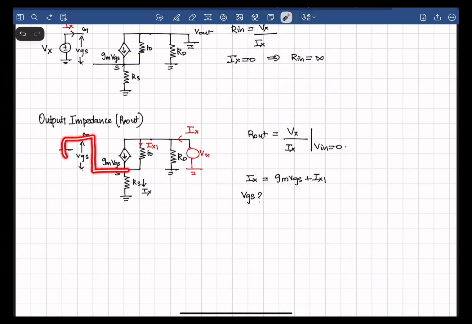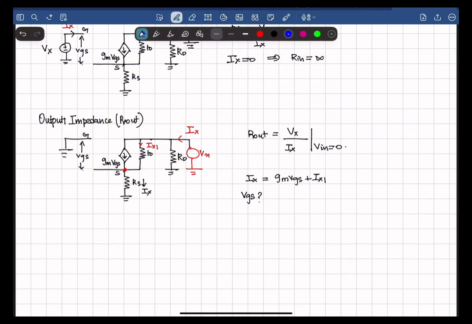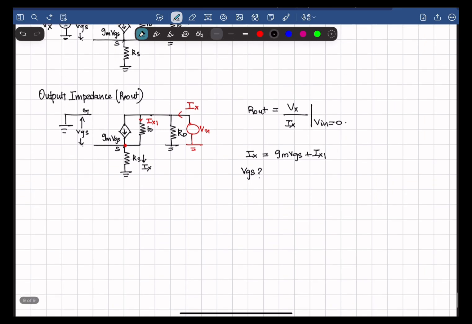When I do that, VG is 0 plus VGS plus Ix into Rs is equal to 0, which implies VGS is equal to minus Ix into Rs. Because we already know VGS is equal to the gate voltage minus the source voltage.